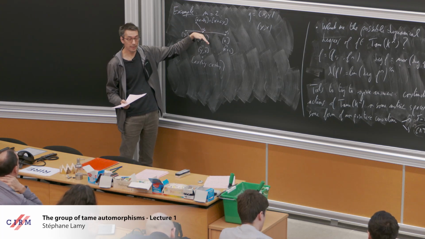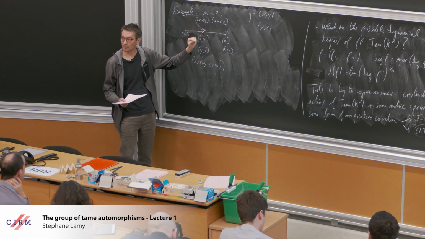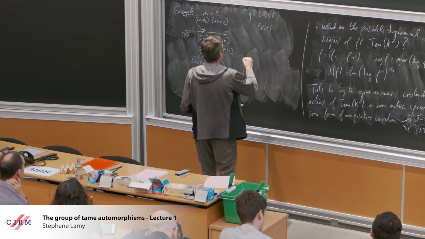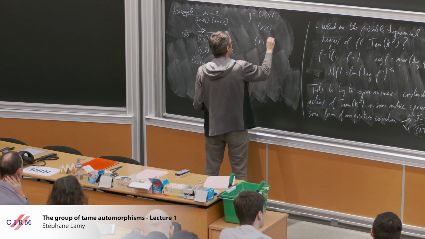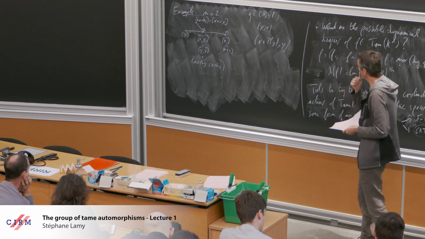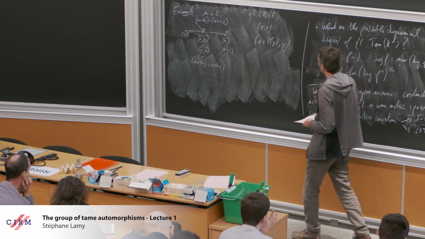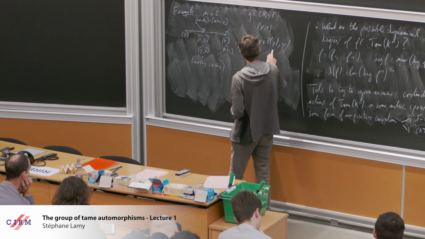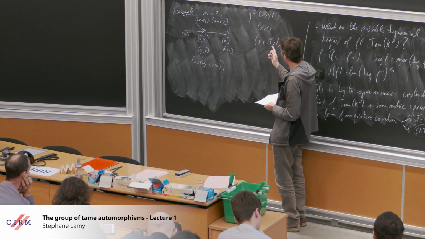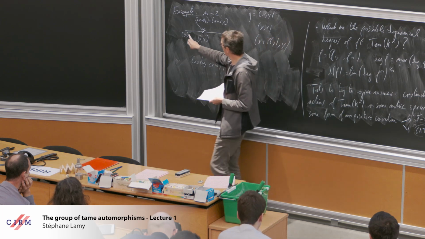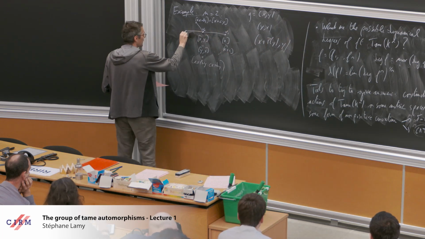So if you are over C, you have already a lot of edges. Okay, and just to give another one, if you start with x plus p of y, which was my elementary one, you see that it contains y as a coordinate, so it's going to be related to this one.